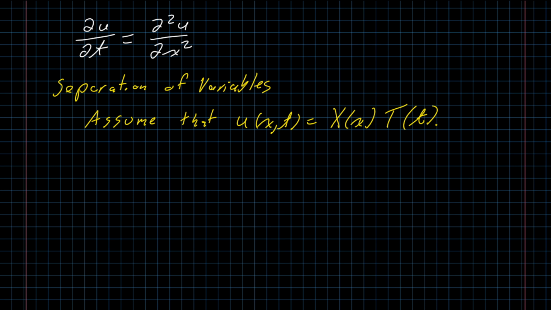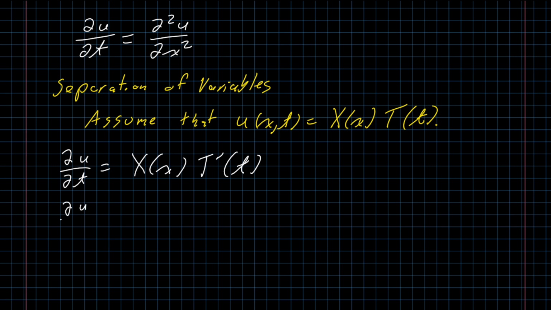And then from that assumption, we're going to say that the partial of u with respect to t. Well, with respect to t, big X of x is a constant. It's a function of x, not of t. Big T of t is a function of t, so we'll need the derivative of big T of t.